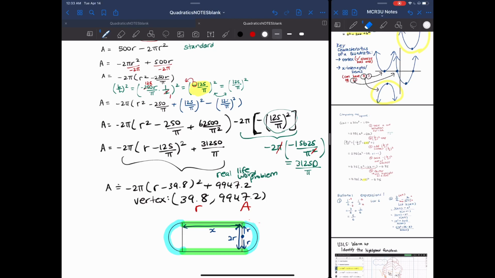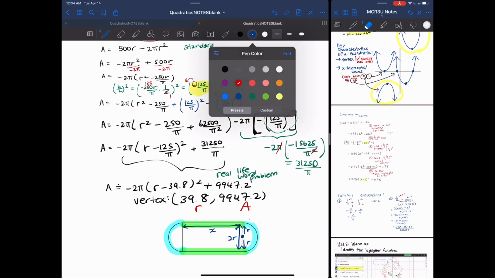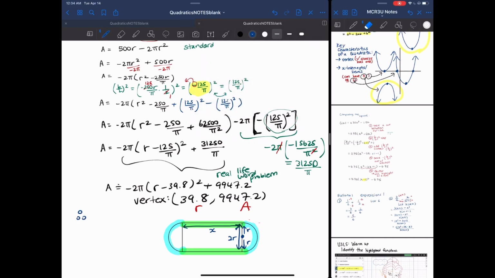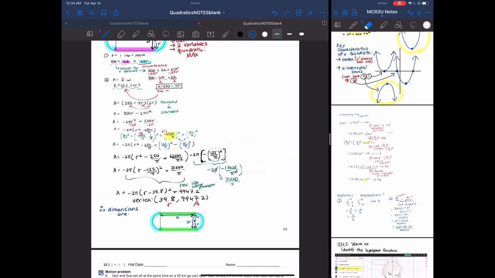So I have, therefore, dimensions are. Okay, before I summarize, unzoom a bit.